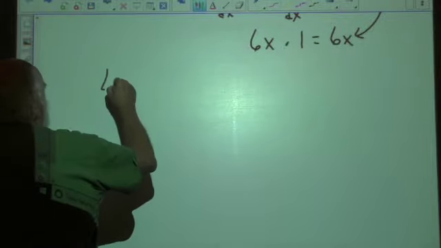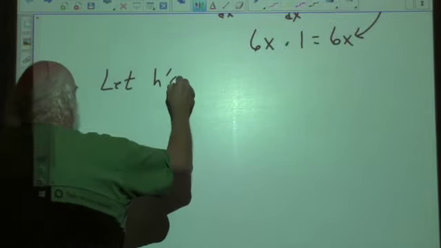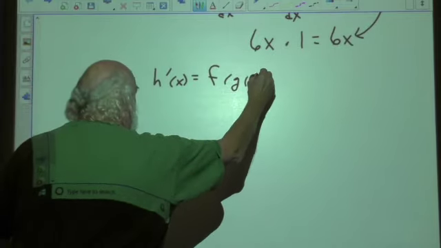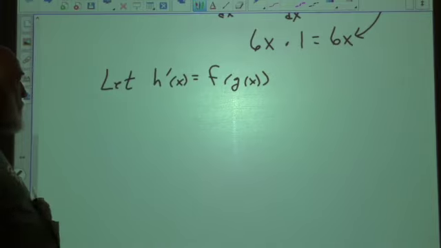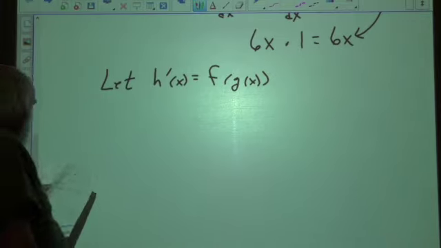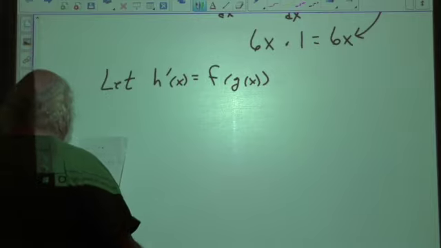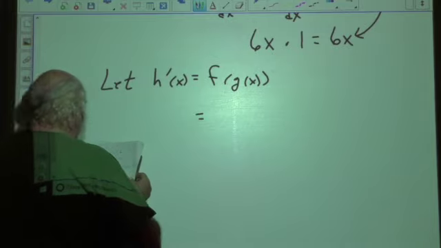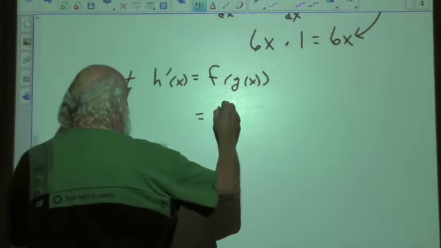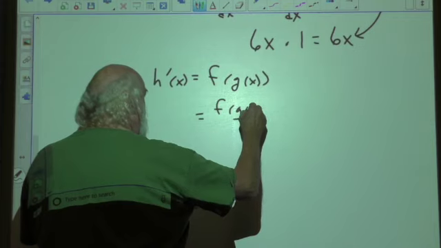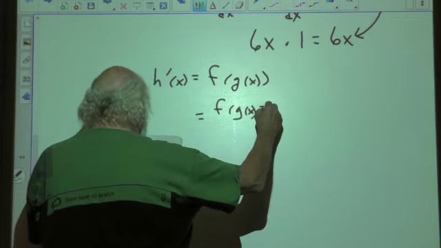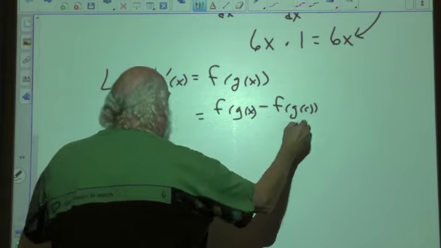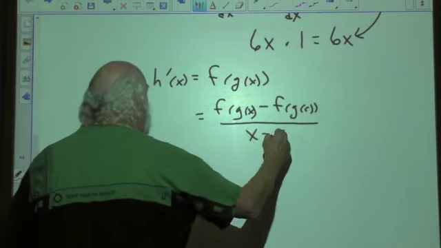Okay. So let h of x equal f of g of x. So that's going to be equal to f of g of x minus f of g of c, all over x minus c.